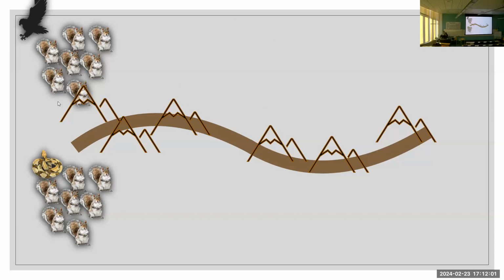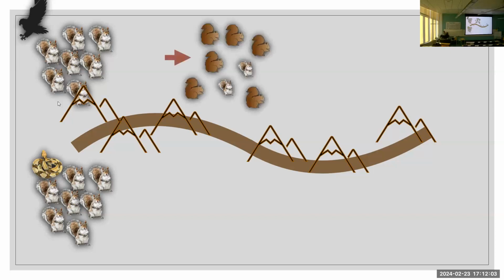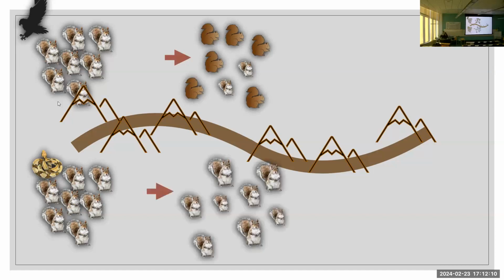So maybe these guys are going to evolve to blend in more with their environment. And let's say, just as an example, that these guys, some of them start to get larger, and that's adaptive for surviving predation by these rattlesnakes, all right?